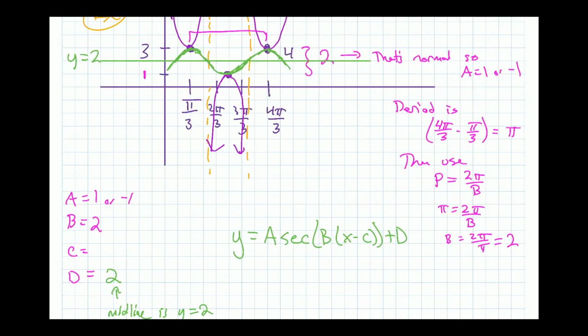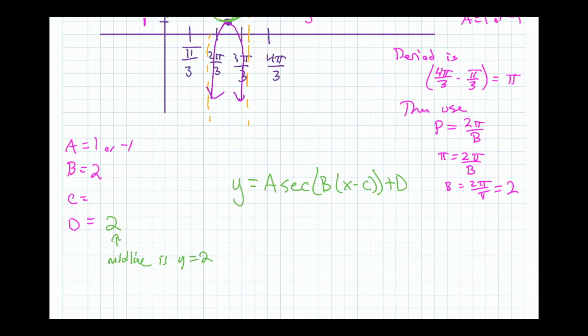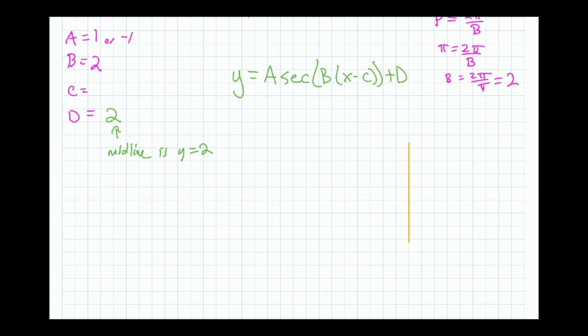So a secant is a cosine. So normally the cosine has its peak at 0, right? The original cosine had a peak right here. Do you remember the graph of the original cosine? Right, starts up at 1 and then it goes down on both sides, normally like that.